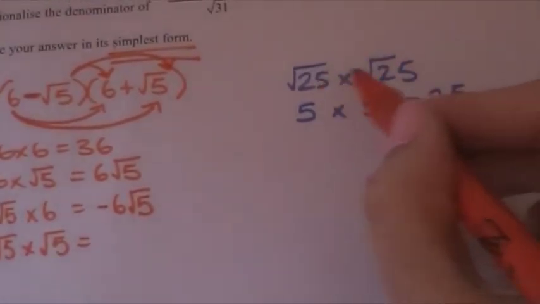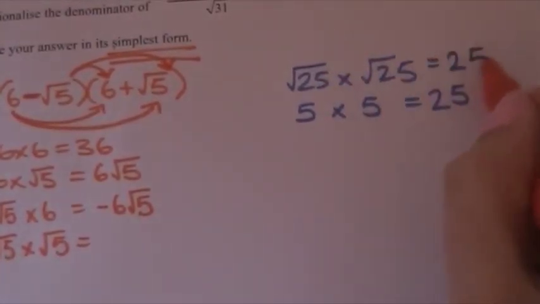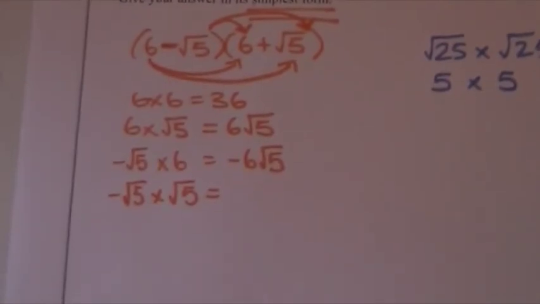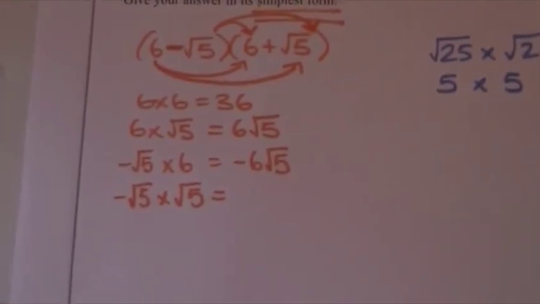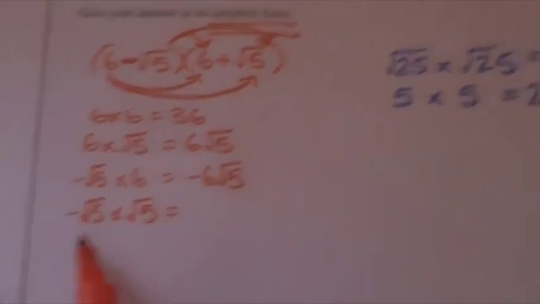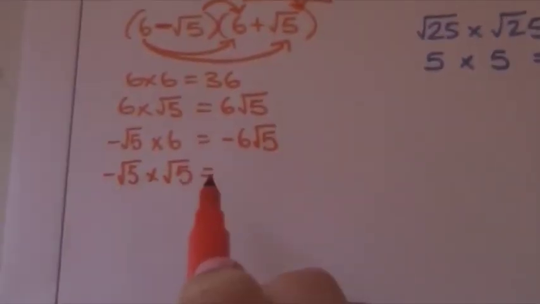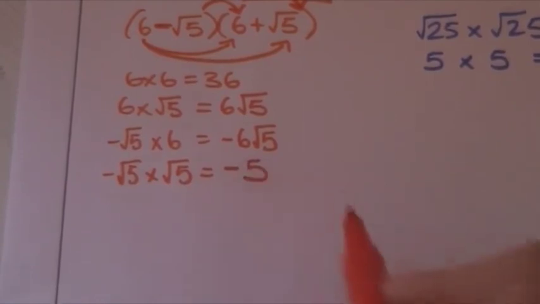So root 25 times root 25 just equals 25. So minus root 5 times root 5, root 5 times root 5 will just be 5, so that will be minus 5.